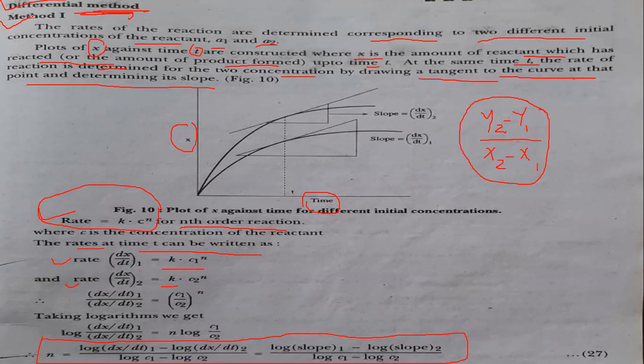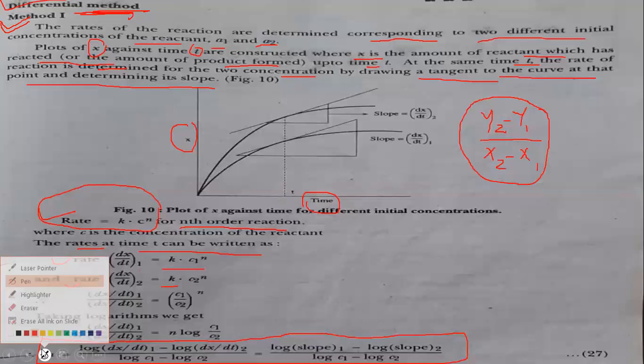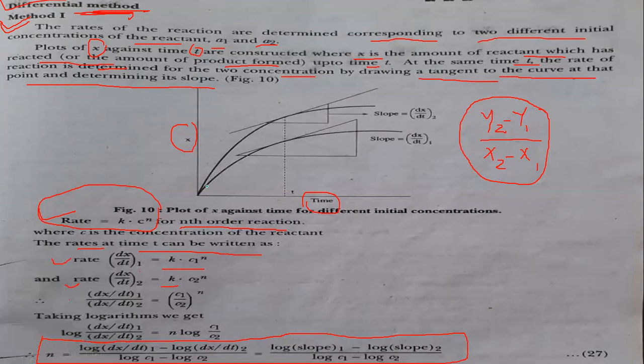We'll go for the first sub-method of the differential method by which we can find out the order of reaction. See here, the rates of the reaction are determined corresponding to two different initial concentrations of the reactant. What are those concentrations? Concentration A1 and concentration A2.